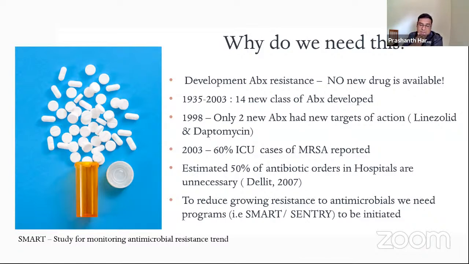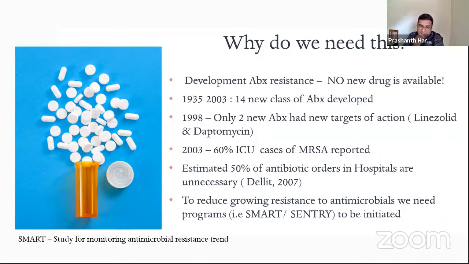They did have newer drugs to take care of resistance. As and when they had a resistance, they were able to have some other group of antibiotic in their arsenal to take care of the problem.